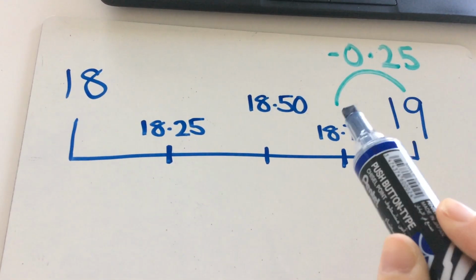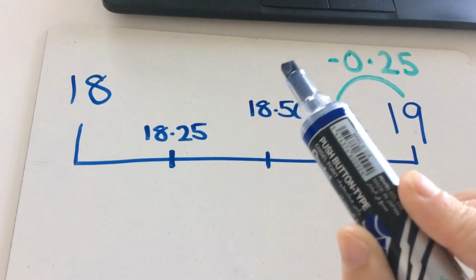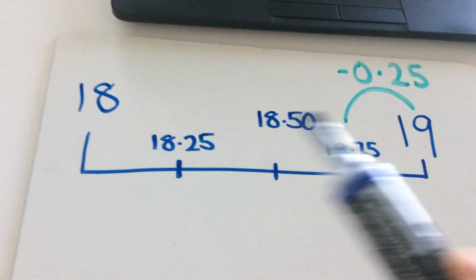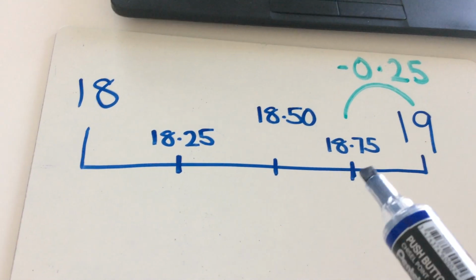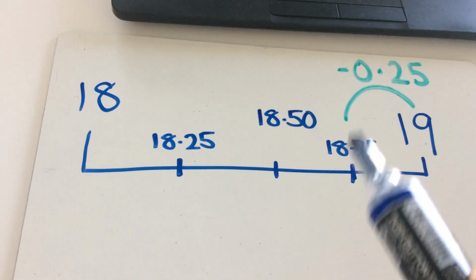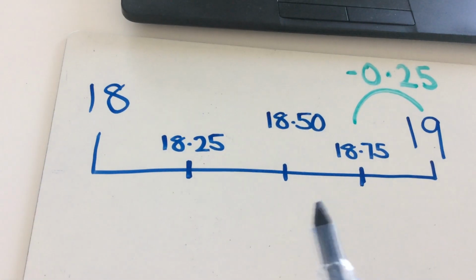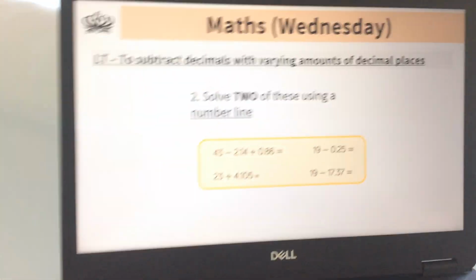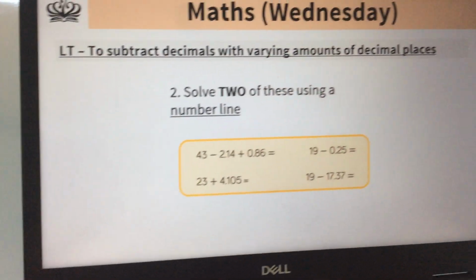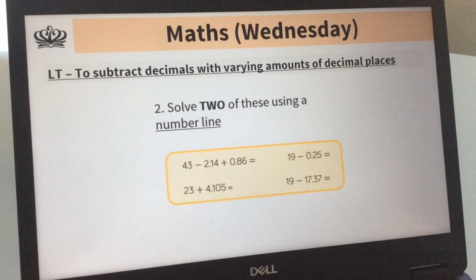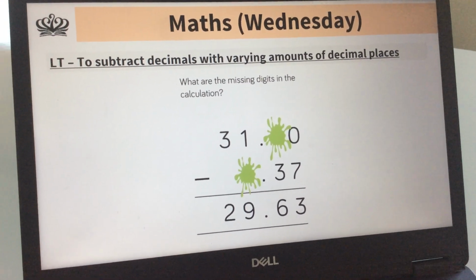Okay, so there's 1. If I was doing half or 3/4, it would be a different number of jumps. Okay, so 1 group of 0.25s takes me to 18.75. So different ways of doing your number lines. Some of you will find this tricky, but we want to see your number lines, so don't just put your answers for that one.